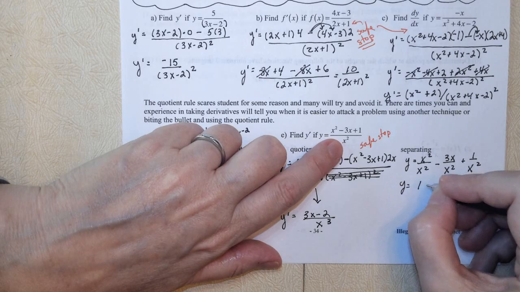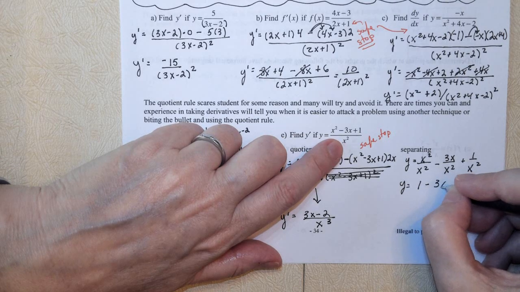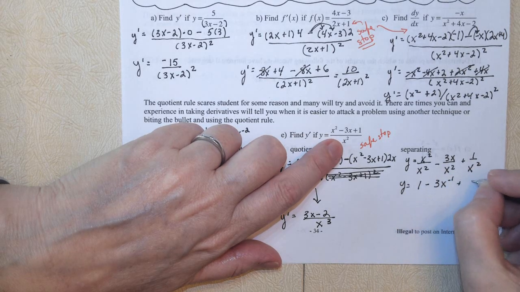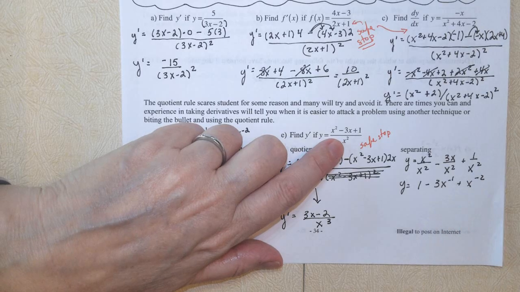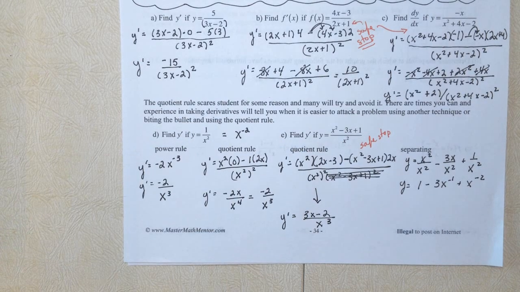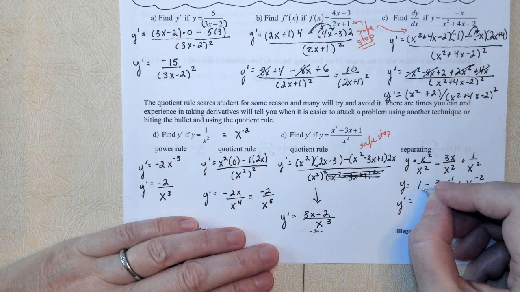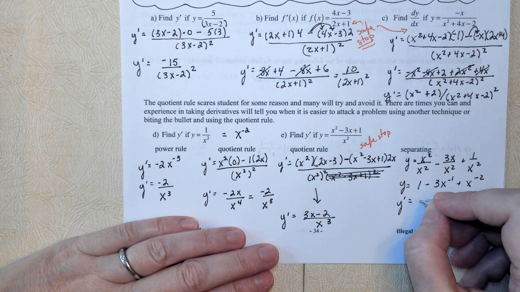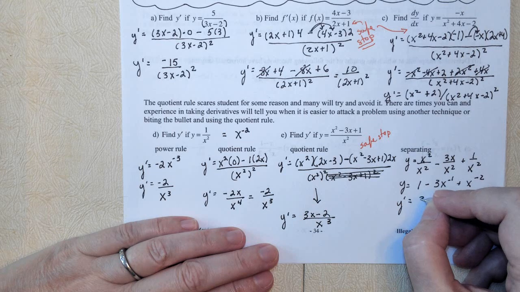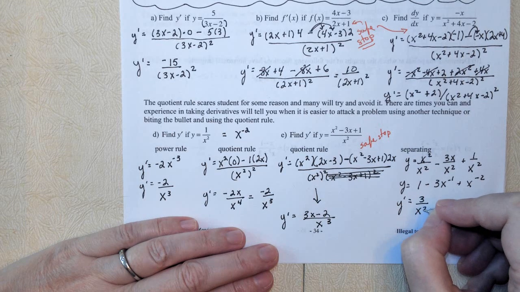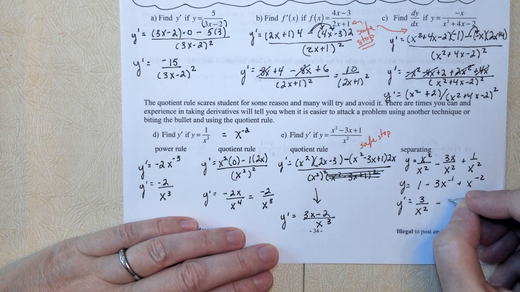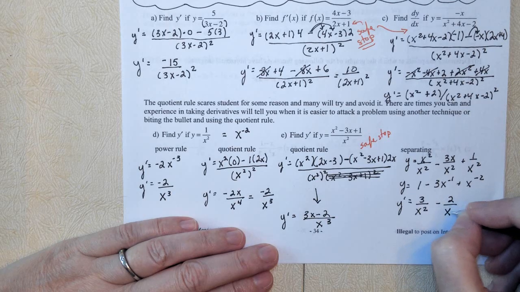Y equals 1 minus 3x to the negative 1 plus x to the negative 2. Okay? So now y prime goes away. I have a positive 3 over x squared minus 2 over x cubed.